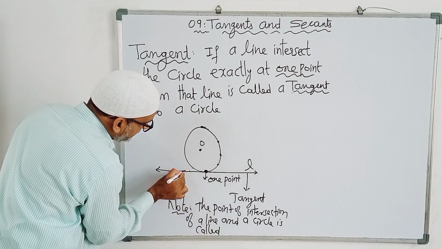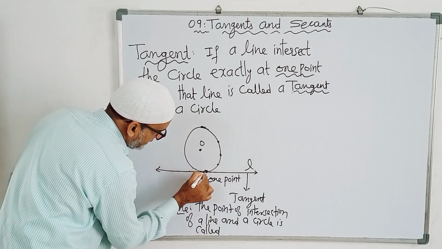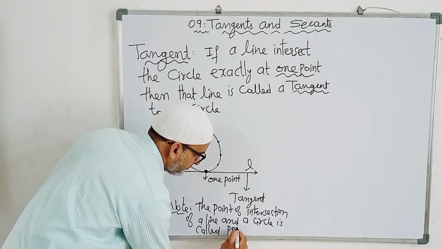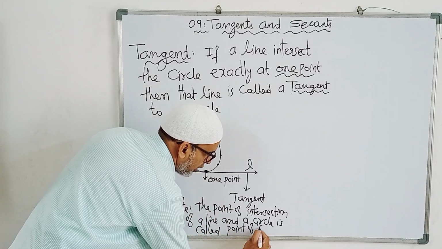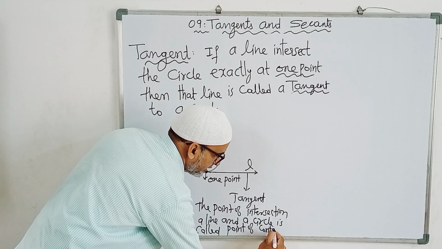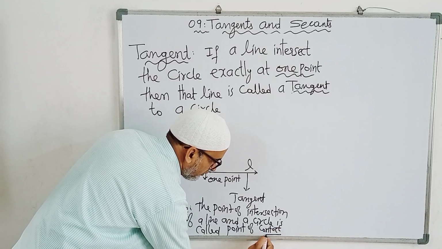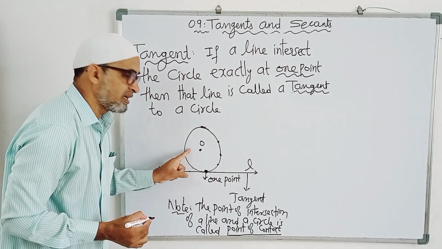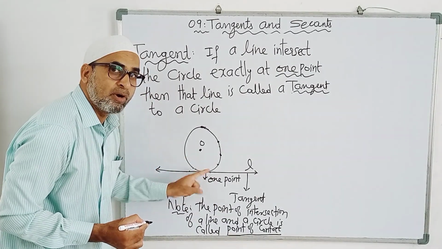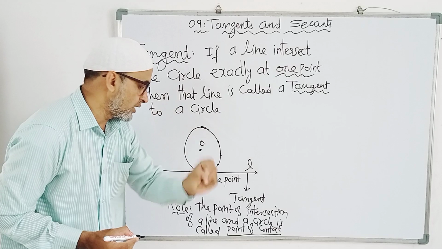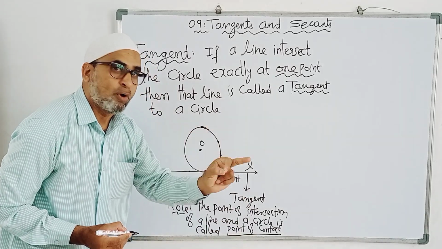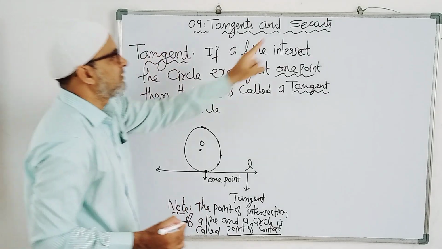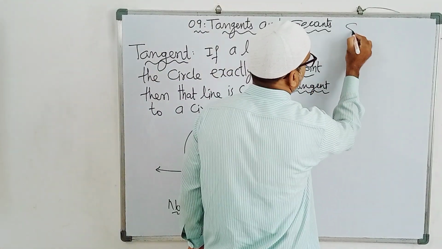This point is called the point of contact. Very important. Point of contact. In the exam, if they ask you, the line and circle are intersecting at one point, then that point is known as, what means? You should say point of contact. Okay, this is the definition of tangent. Next is what? Secant.